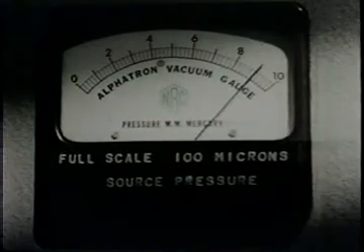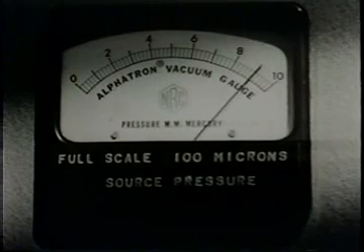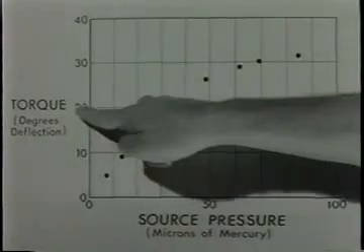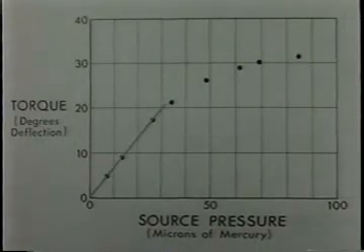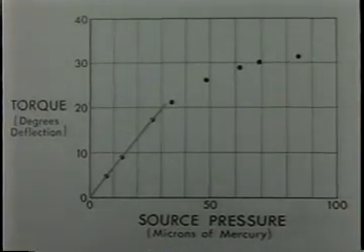A plot of torque versus pressure forms a straight line for very low source pressures. Now, we're going to hold the source pressure constant and change the temperature of the target. We'll heat the target with this lamp.